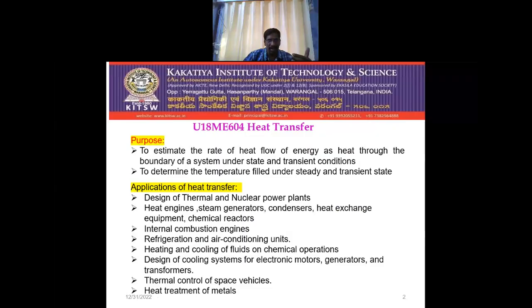So we can say that if the heat transfer takes place rapidly, we should go for transient condition systems, and if the heat transfer takes place consistently or slowly, then we opt for steady state conditions. How to make a steady state analysis, or an unsteady state or transient analysis in heat transfer, will be studied in this course.